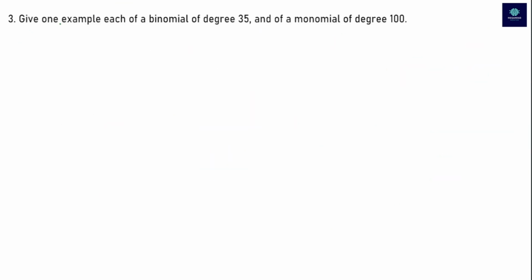Question number 3, it says give an example of each of the binomial of degree 35 and a monomial of degree 100. So, binomial is a polynomial that contains two terms, whereas monomial is a type of polynomial that contains only one term.